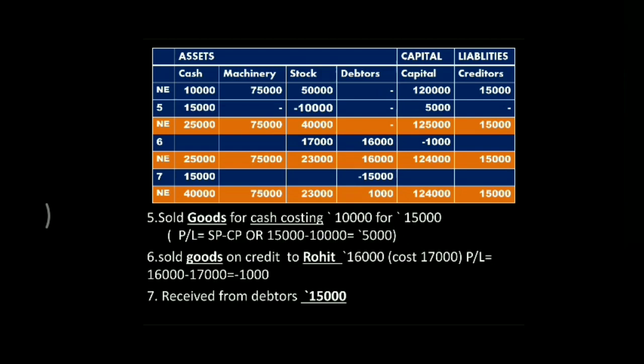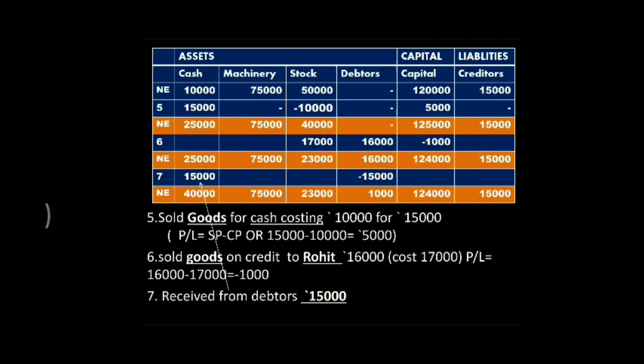Next is: received from debtors rupees 15,000. Whenever cash is received from debtors, it results in an increase in cash and a decrease in debtors. There is a debtor for 16,000, and Rohit, out of 16,000, has paid rupees 15,000. So the business has received rupees 15,000 in cash. Cash will increase by 15,000 and debtors will reduce by 15,000.